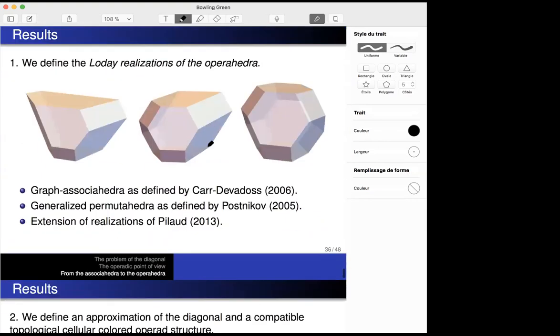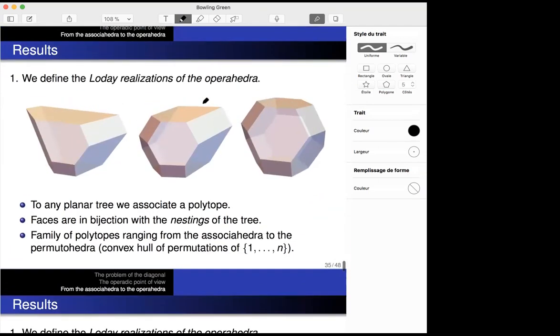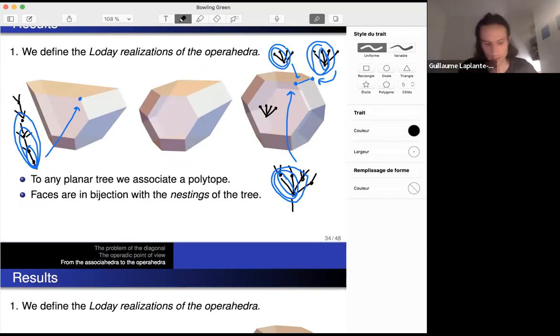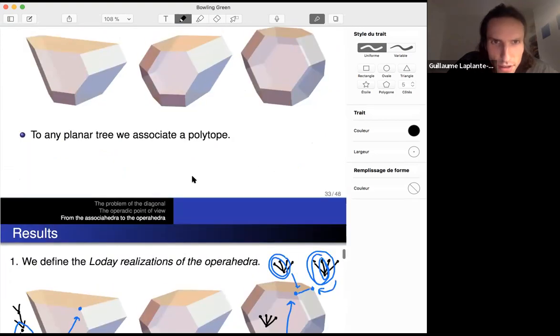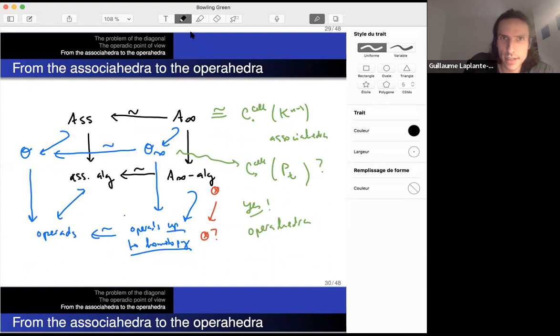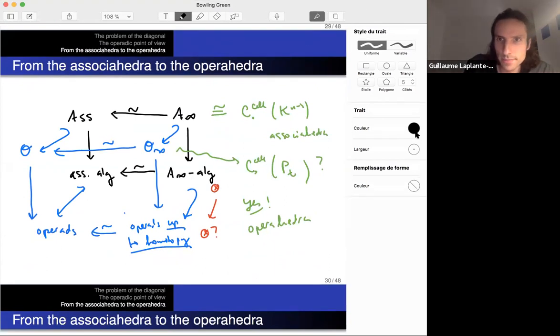Yeah, perfect. Can I ask what role the fact that the tree is planar plays here? Okay, so the role is something I didn't mention: what I'm considering here is non-symmetric operads. If I wanted to be more precise, I would write here non-symmetric operads, and then O is encoded by planar trees.